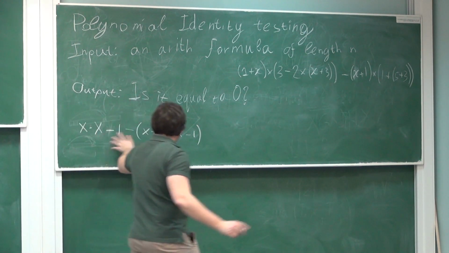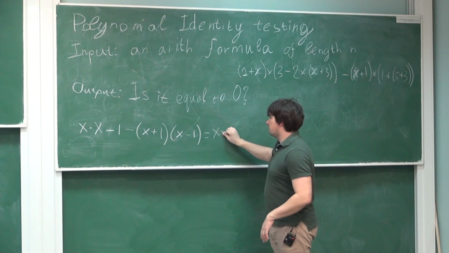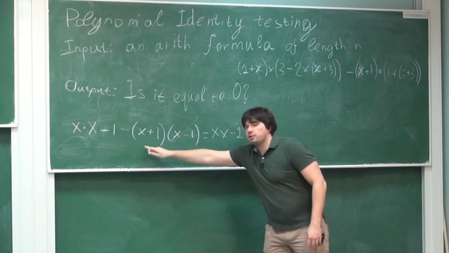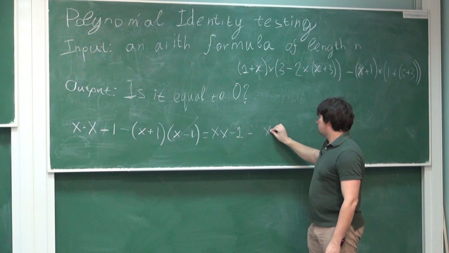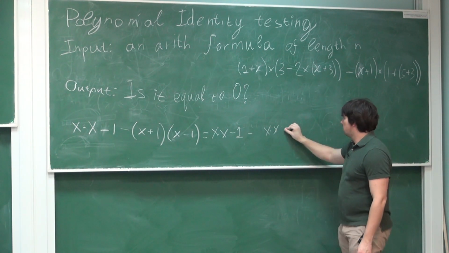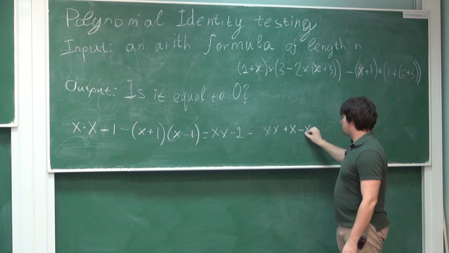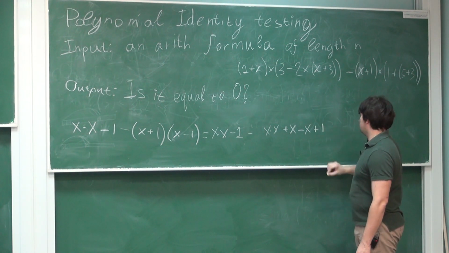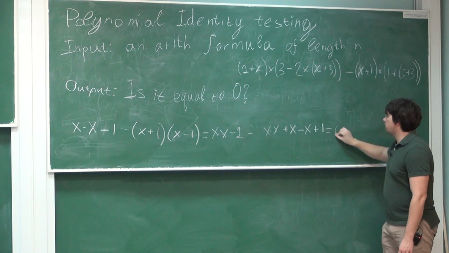So I can take this and turn it into x times x minus 1 minus, and then I just do this multiplication, which would give us x times x plus x minus x plus 1. And then just cancelling out the terms, I will get 0.